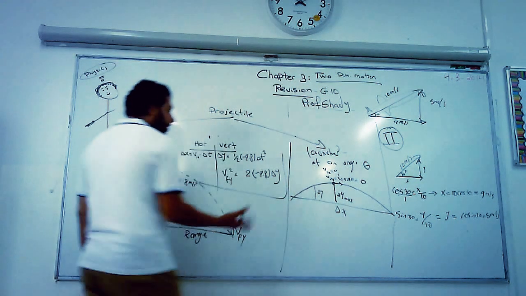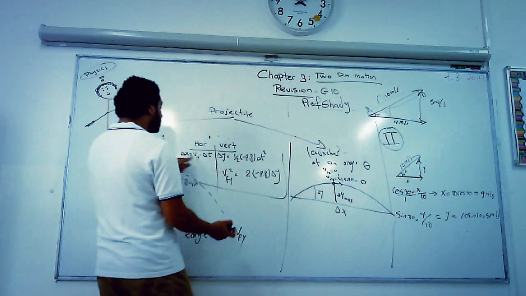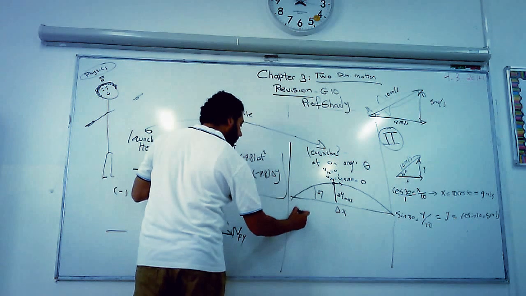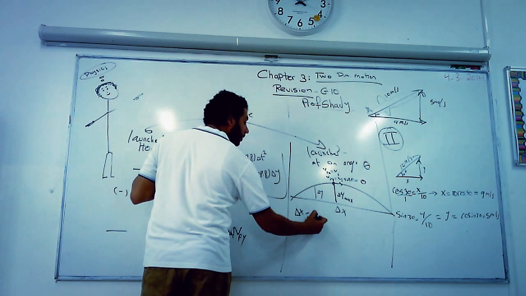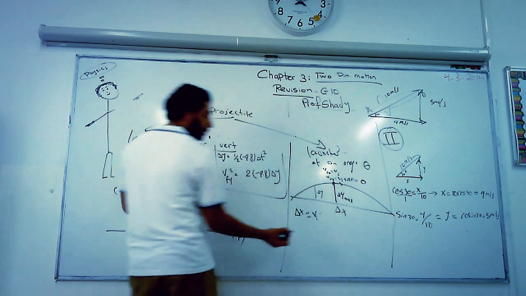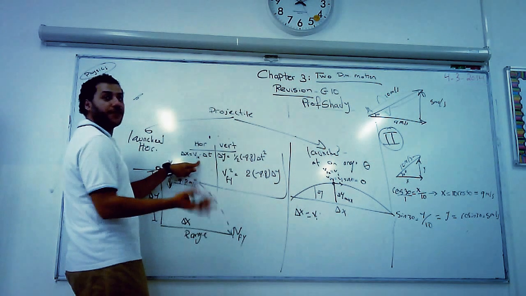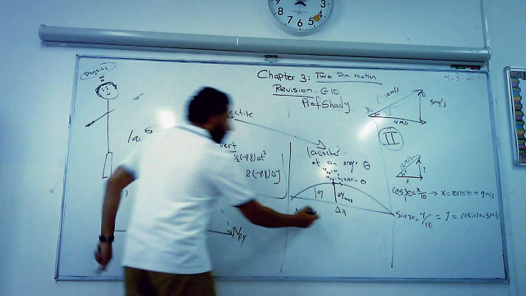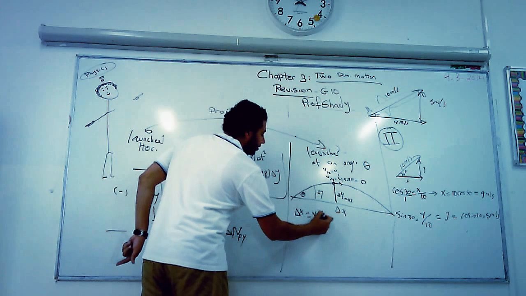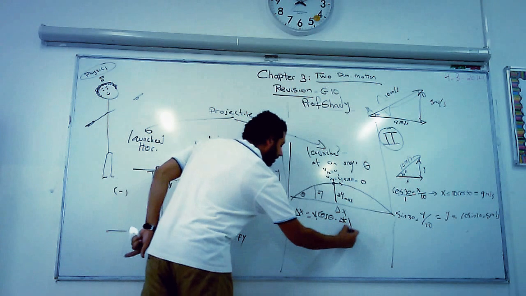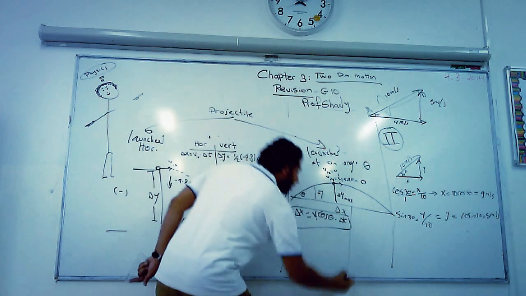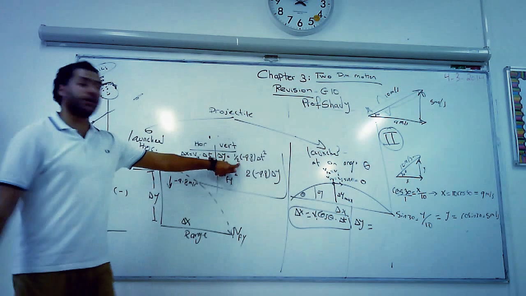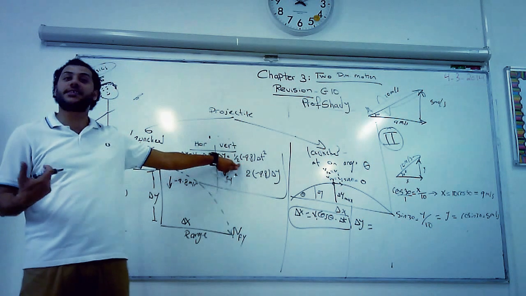Let's compare the equations. Delta x was VIX delta t, but here delta x is equal to VI cosine theta delta t. The delta y: I need to keep the old part, but there is a new part added because there is an angle here.